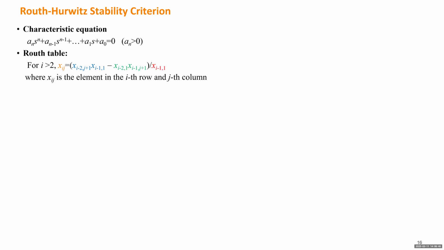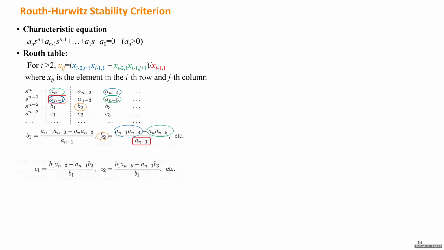This is assumed to be our characteristic equation with all the coefficients here. The Routh table is defined in such a way that it utilizes the coefficients of each term of the equation to come up with a table. I colored those items just to make it clear.